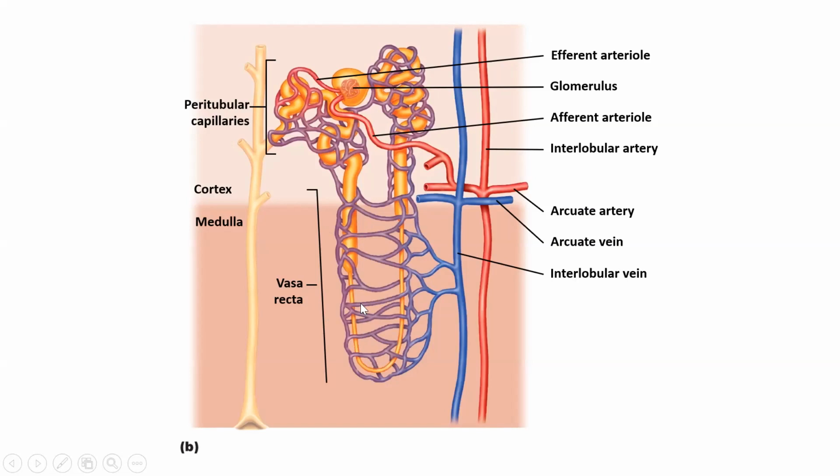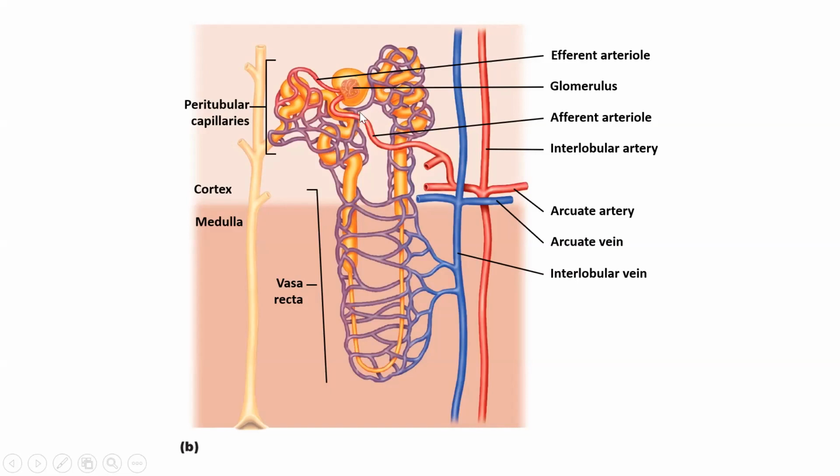Now, what I want to point out here is, can we see how the capillaries are really tightly wrapped around the entire nephron? This is that reabsorption and secretion that I was talking about earlier. So when we filter our blood out into this Bowman's space, we don't just leave it at that, right?